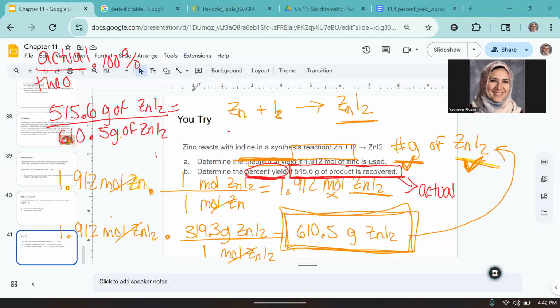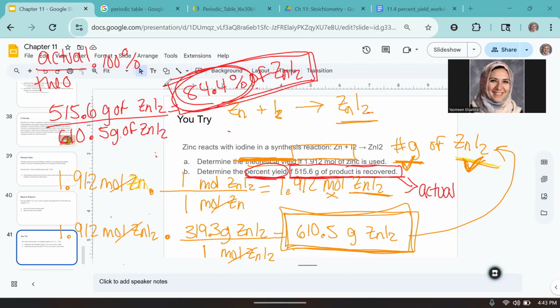And when I divide those two and multiply by 100, I get 84.4%. So this tells me that the equation is basically going to give me about 84.4% of what I was expecting to make. Okay, so I can expect to make 84.4% of, don't forget your units, of zinc iodide if I use this equation. Okay, that's how you do part A and part B.